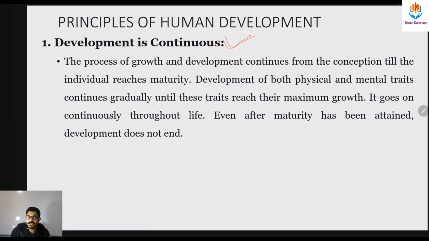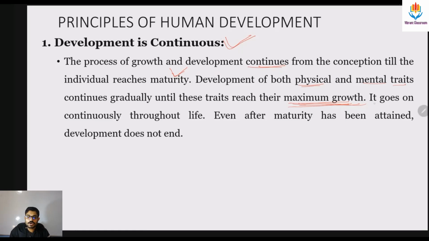We already discussed that concept. Development is a continuous process. The process of growth and development continues from conception until the individual reaches maturity. Development, both physical and mental traits, continues gradually until these traits reach their maximum growth. That is the stage after which there is no possibility of growth.